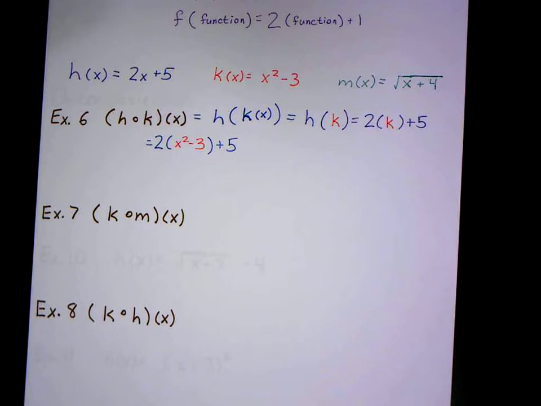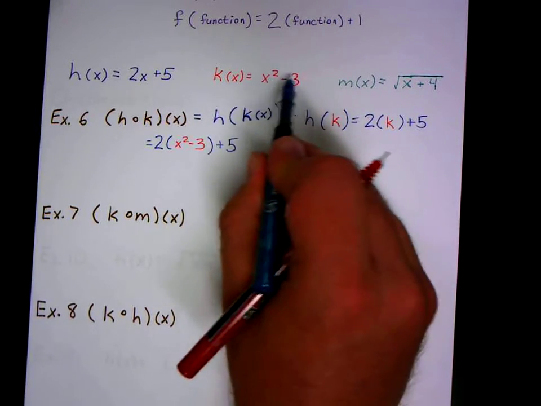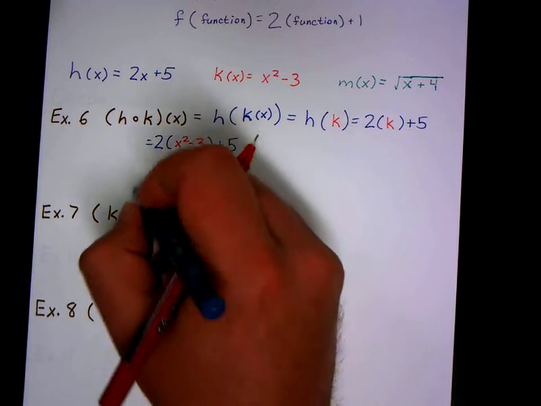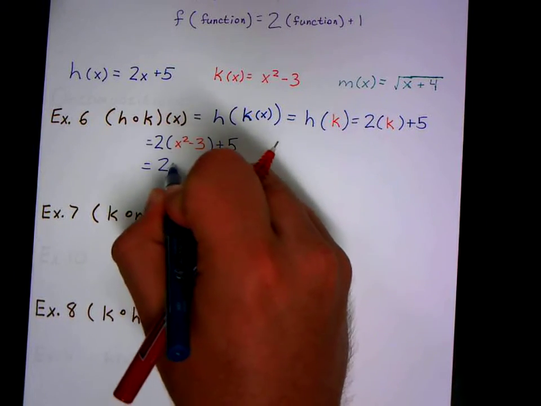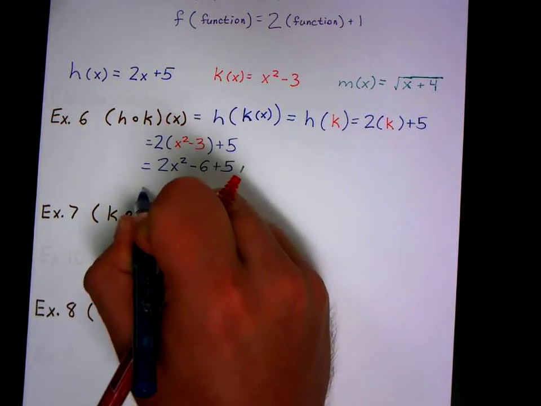Okay, so from there we just have to simplify. So this is the idea behind it. We just take whatever k is and we put this inside of h, where the x was. So then we have 2x squared minus 6 plus 5.